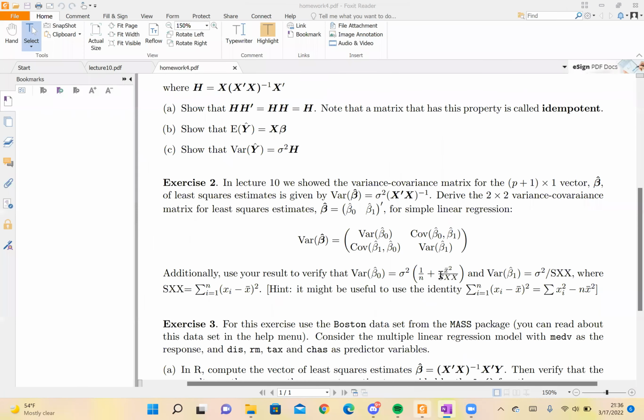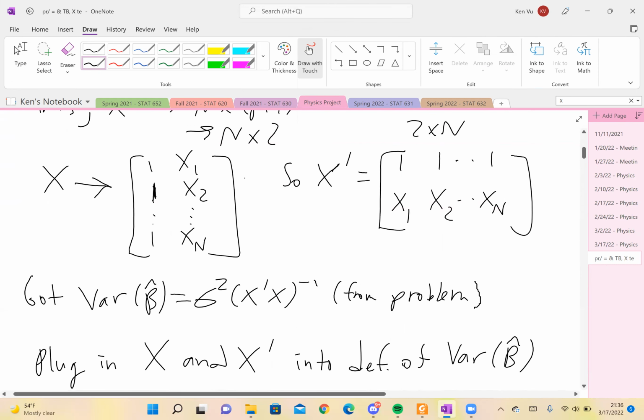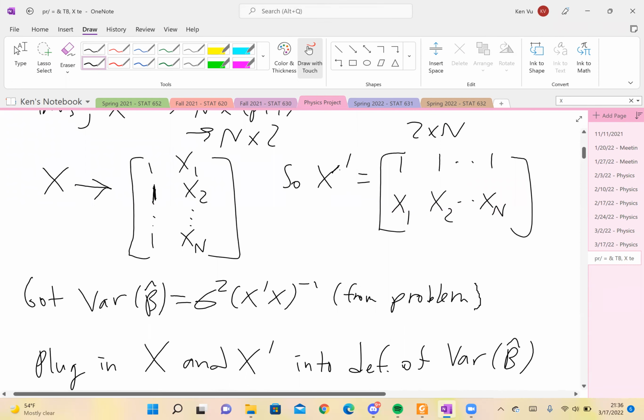In this problem, they give you the variance of beta hat, which is equal to sigma squared times the inverse of X transpose times X. Right here, we just defined what X and X transpose are for a simple linear regression model.